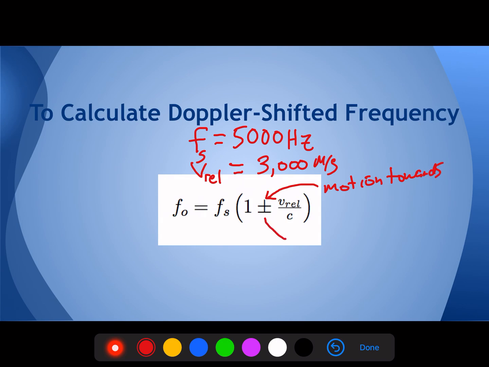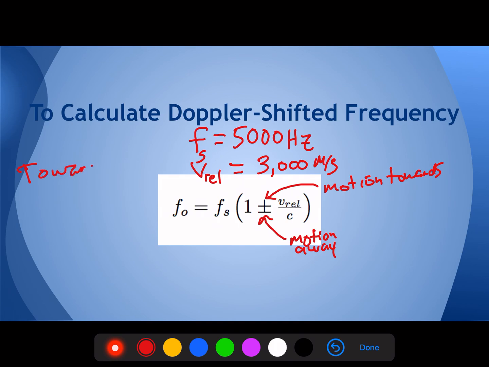And the minus sign then will be for motion away, because in that case I expect a lower frequency, and so I want to subtract from 1, so I'm multiplying the frequency given off by the source by something less than 1, and I'm making it a lower frequency as a result.